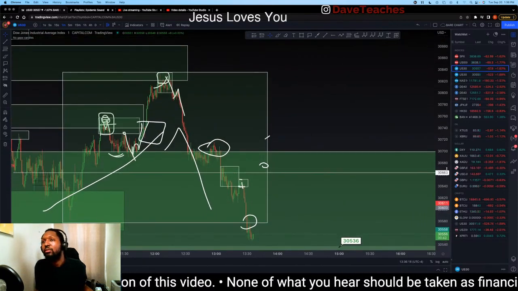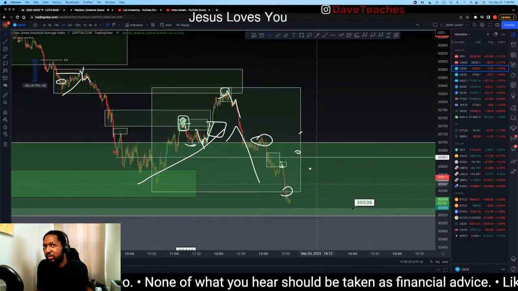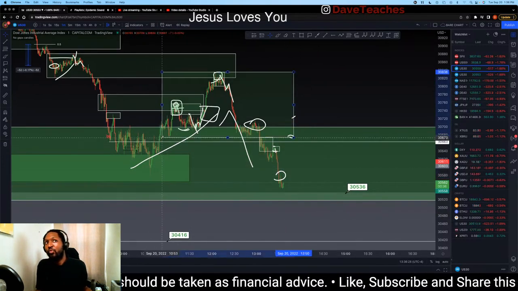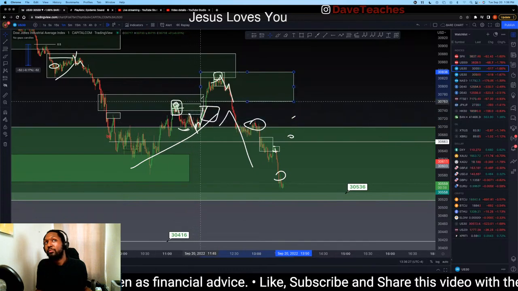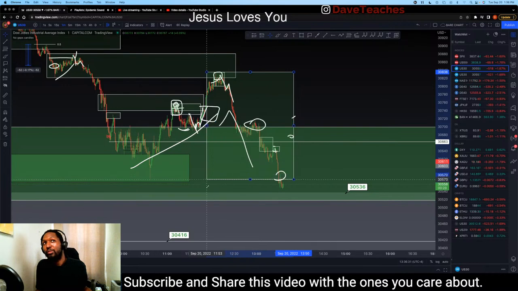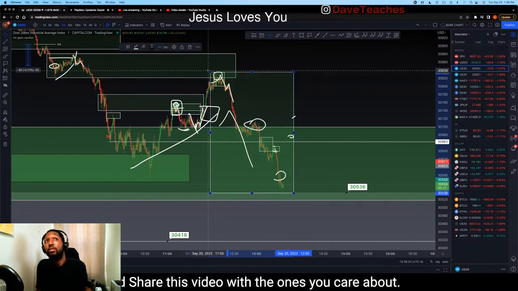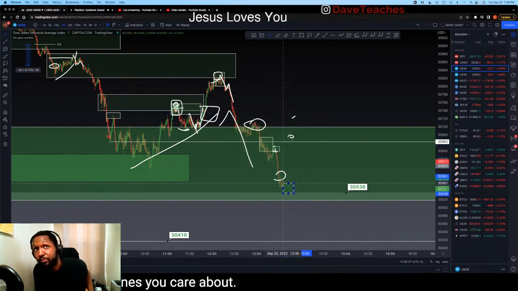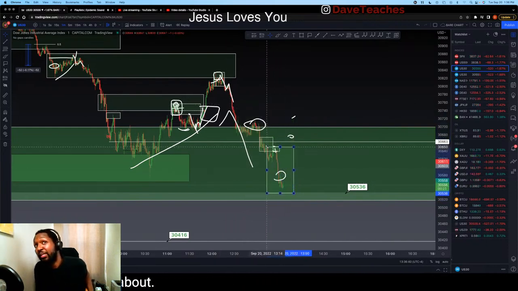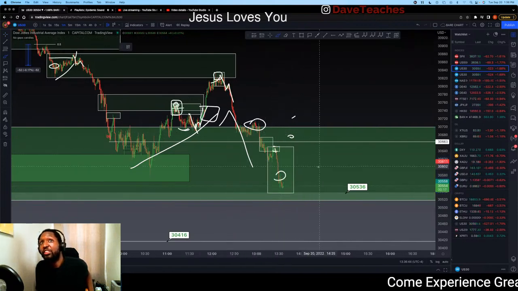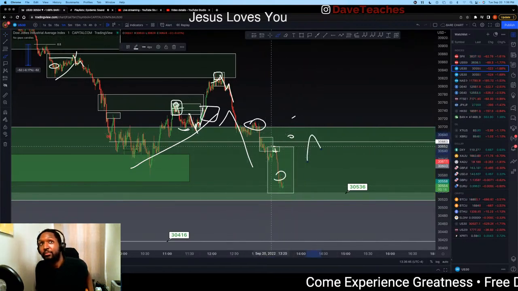How will we be able to see the same thing to the top side? When price begins to trend up, we do the same thing from here. As we're going up, we should expect this.